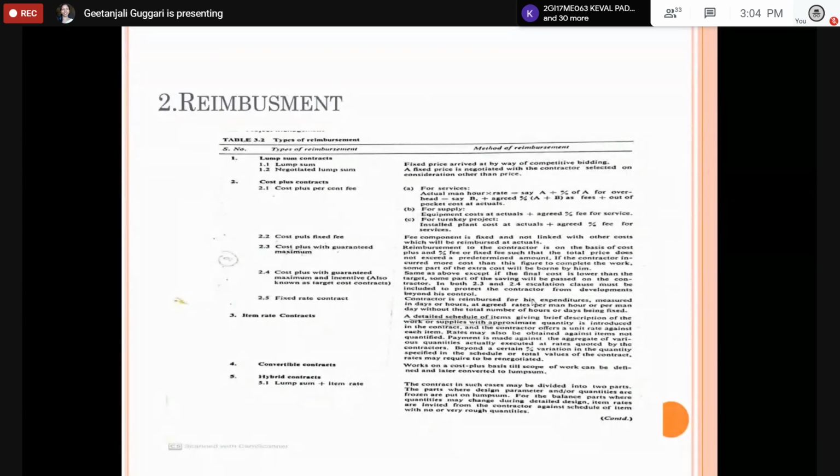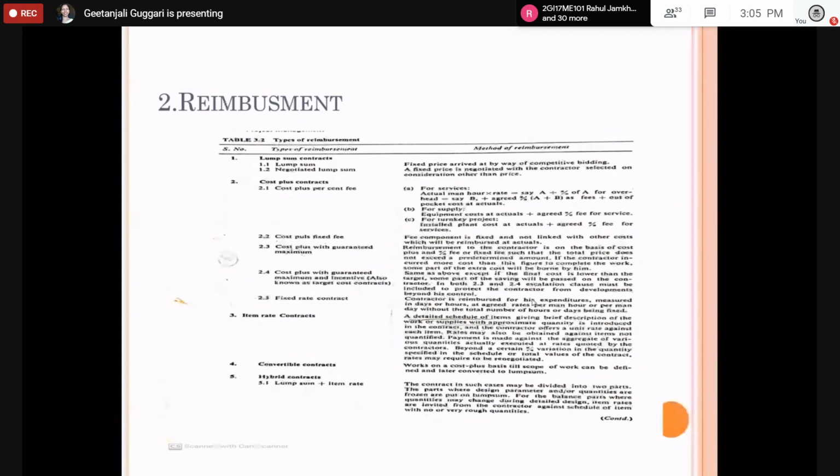Negotiated lump sum. The second lump sum contract is the negotiated lump sum. A fixed price is negotiated with a contractor selected on considerations other than the price. So a fixed price is negotiated, for example, for the erection of a machine. If one machine is getting erected, it is so much amount.